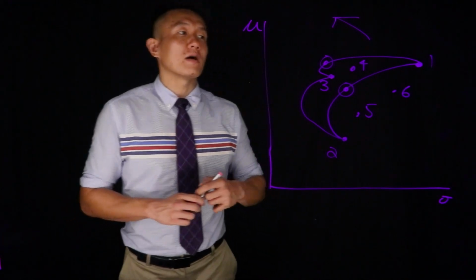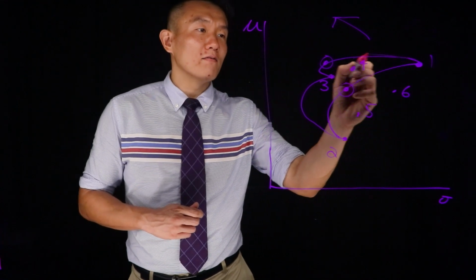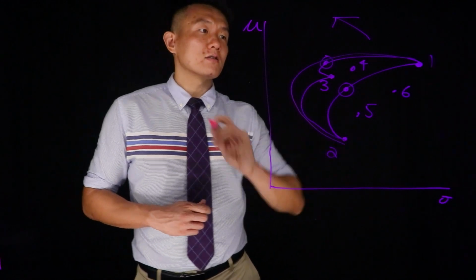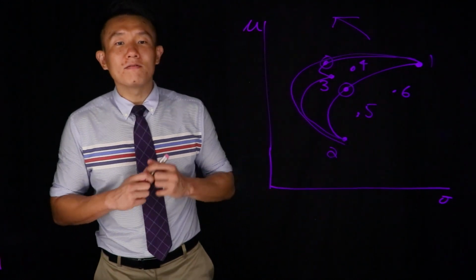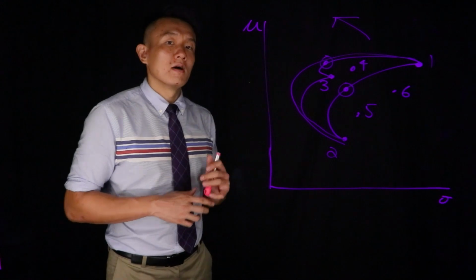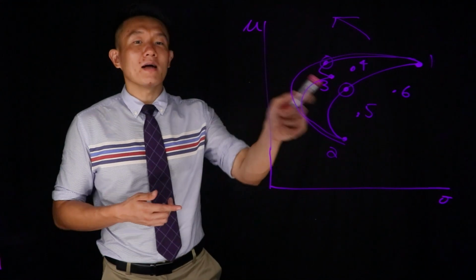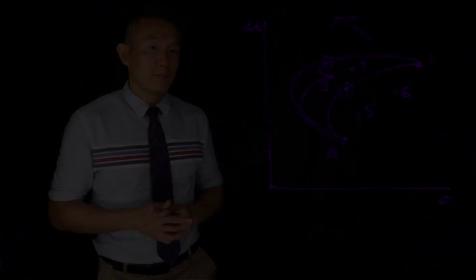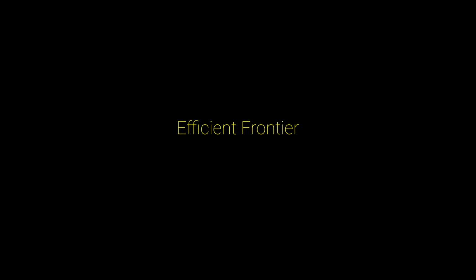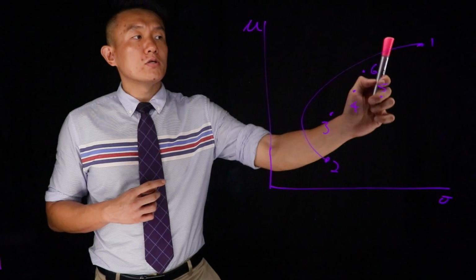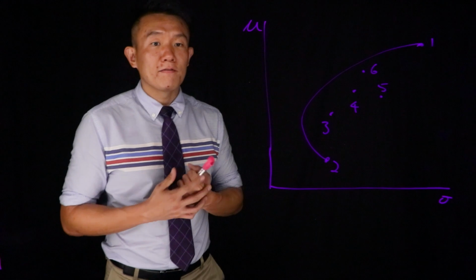So I'm going to construct this outer envelope that consists only of the mean variance combinations of the portfolios that I'm not eliminating right off the bat. So I'm going to construct what's called the efficient frontier.